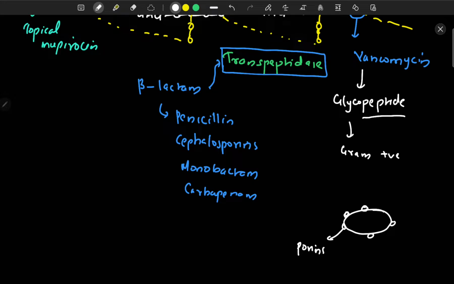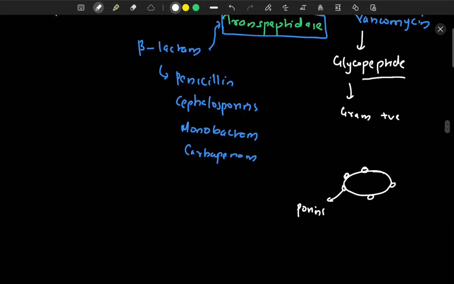Only through the porins the molecules enter. So to enter a gram negative cell, the antibiotic should be smaller in size as well as water soluble. The peptide, as it is larger in size, cannot enter through the porins. So the spectrum is limited to the gram positive bacteria.